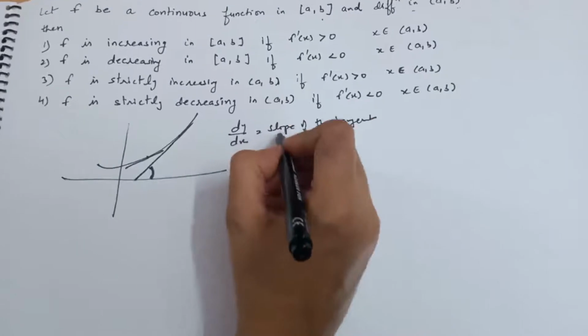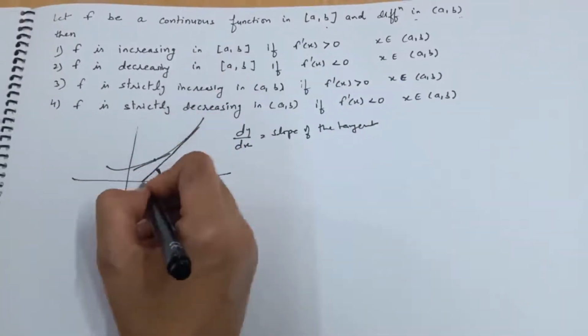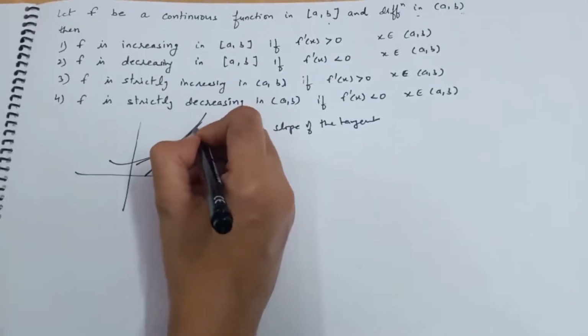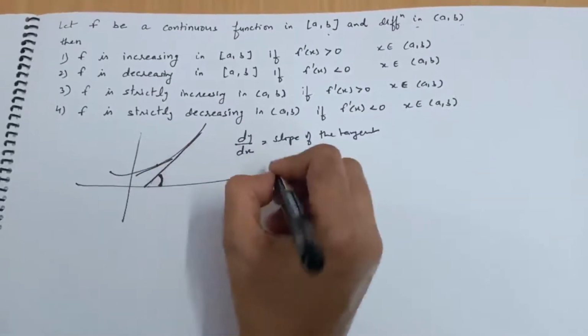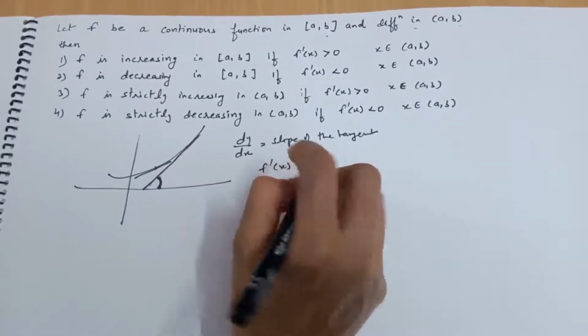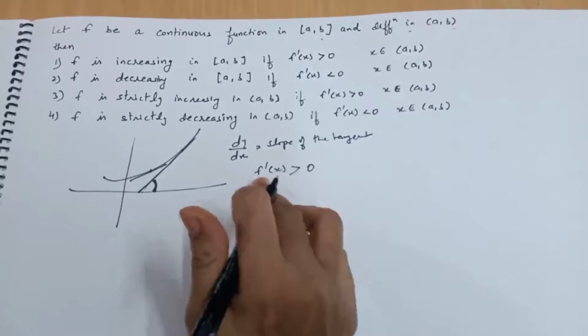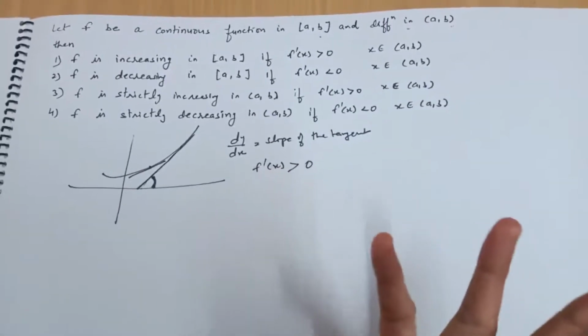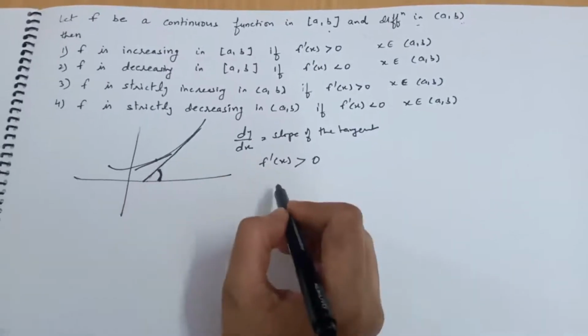So for an increasing function, if I draw the tangent at any point and see the slope, that theta will be an acute angle, meaning the slope of the tangent, f'(x), is always greater than 0. One criterion is this, why I am going to solve by f'(x) greater than 0: the slope of the tangent will always be positive.